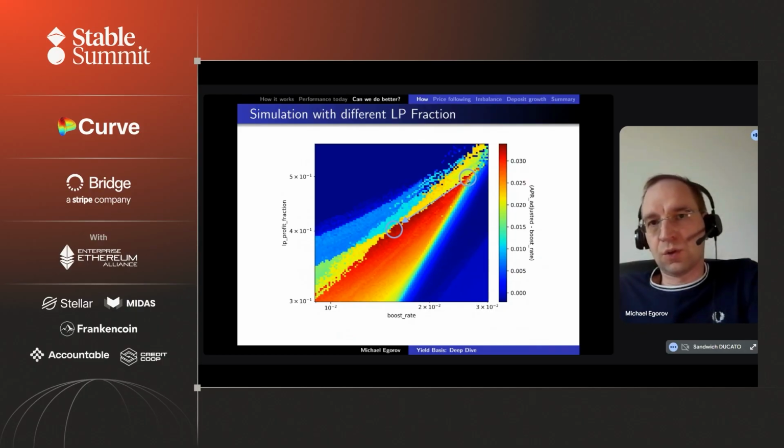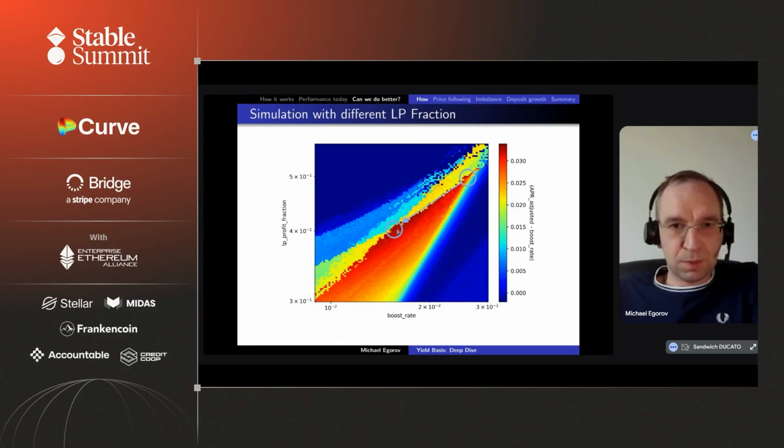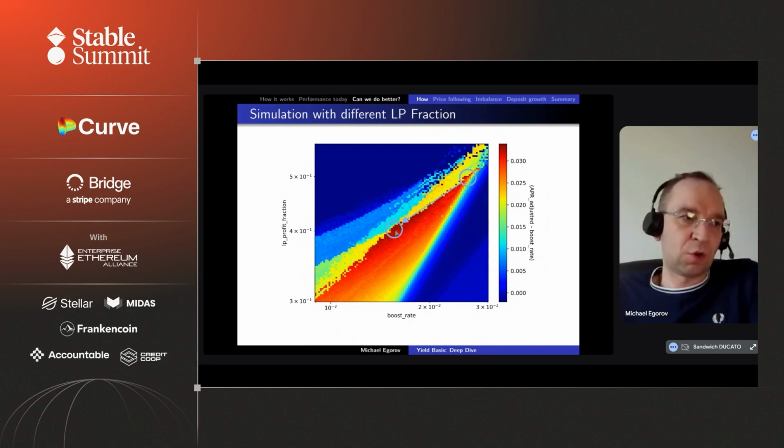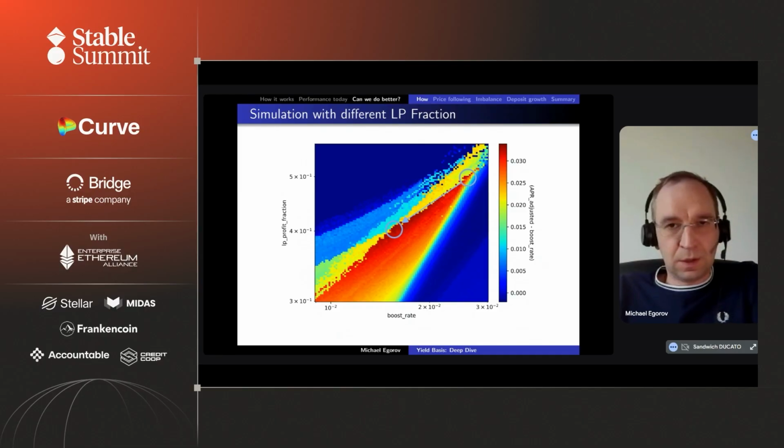So not a good spot. And if you are able to adjust the percentage which you spend on rebalances, you can move to this spot, which is much, much better. You earn more, and you can choose a more stable point. So the whole algorithm can earn more and be more balanced at the same time.